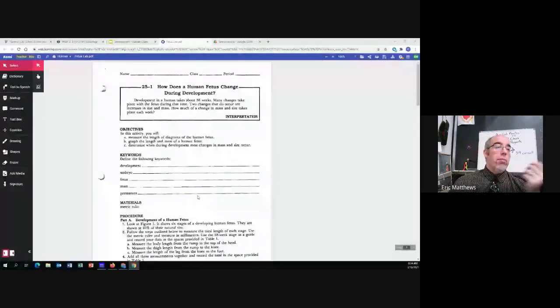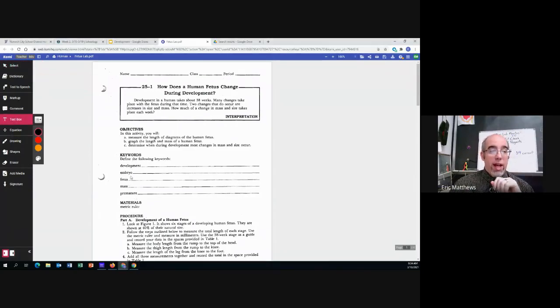So here is our lab. How does a human fetus change during development? So up here it talks about what that is, and then it wants you to define a couple of words. Now we will define all of these in class.